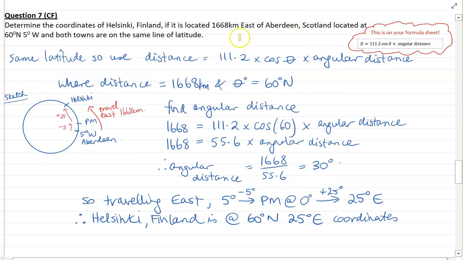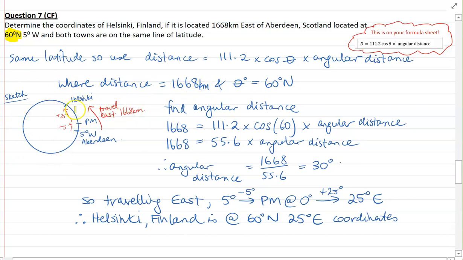Okay, how did you go? If they're on the same line of latitude, that means I'm going to use this distance formula here, the one where I need to put in the cos of the latitude itself. So if I know on the same line of latitude, that means they're both on 60 degrees north. And I know the distance between the towns is 1,668 kilometers.